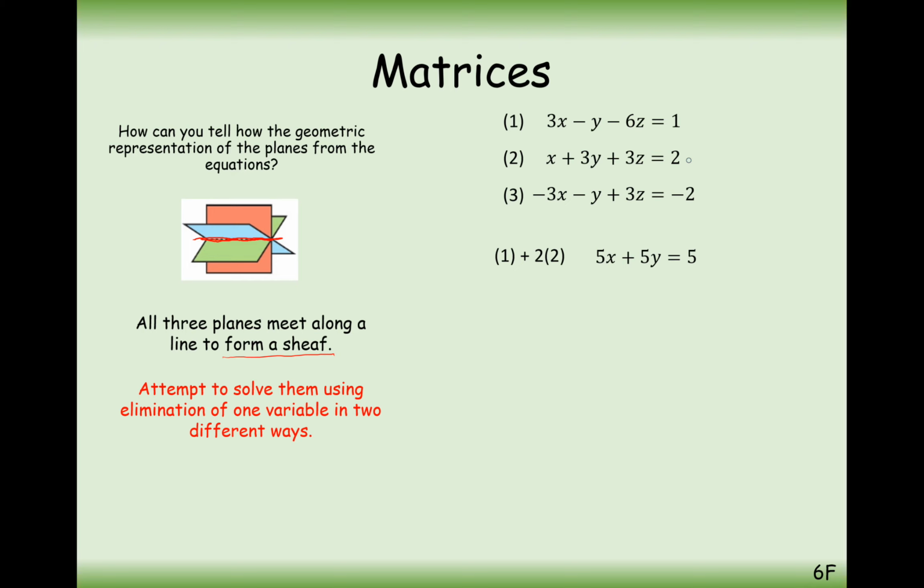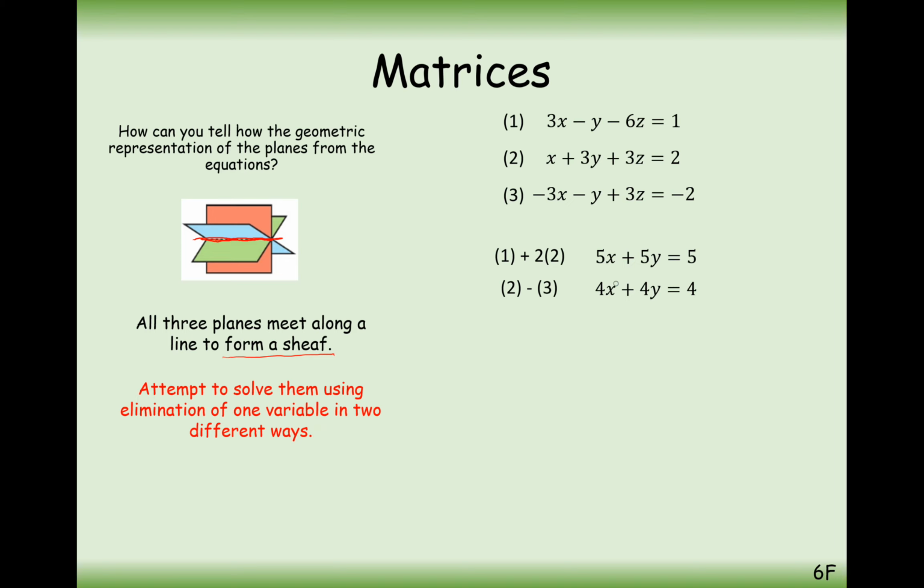Let's now try and cancel out z in a different way. Let's do equation 2 take away equation 3, because they're both 3z's, so let's just subtract one equation from another. So x minus 3x gives me 4x, because it will be x minus 3x. There will be a negative from subtracting the equations and a negative from the coefficients.